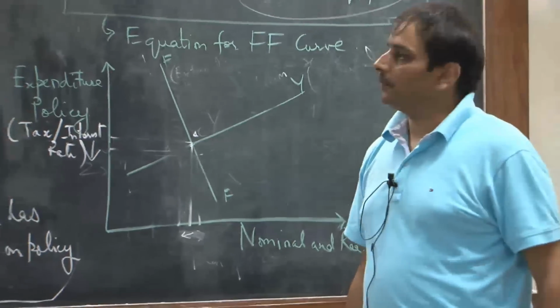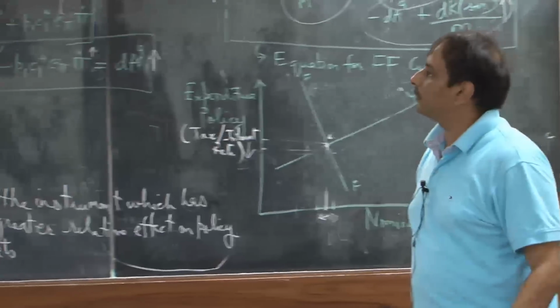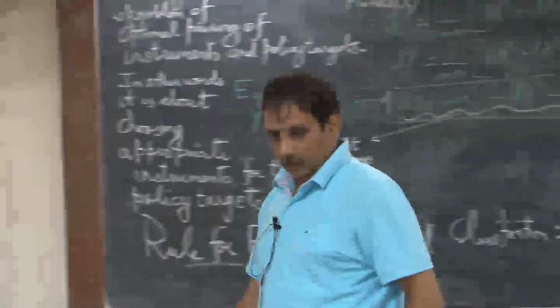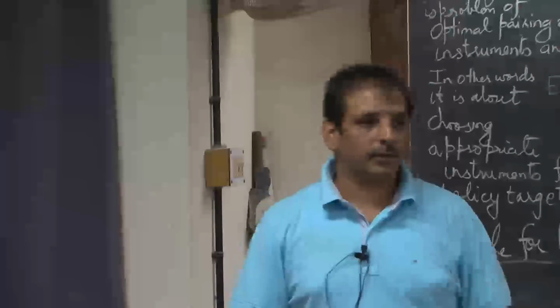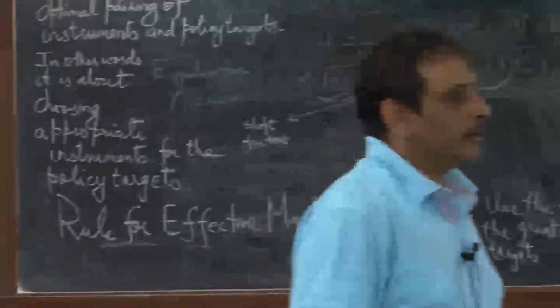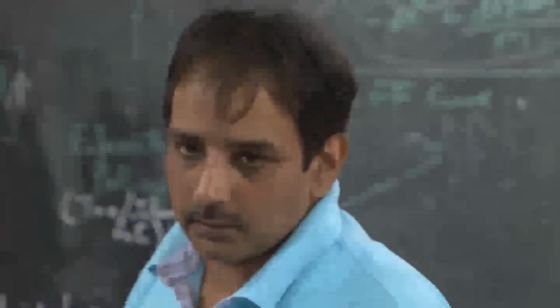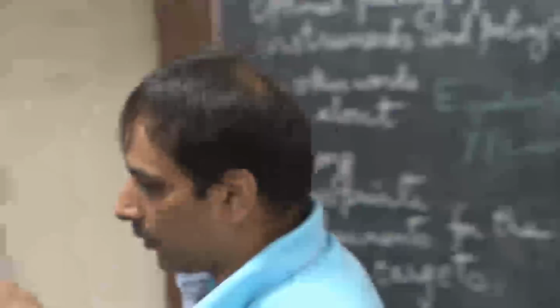So the assignment problem is by Professor Robert Mundell, who is also a Nobel laureate, but the first person in the academic field who floated this idea of currency union, having one common currency for a group of regional members.